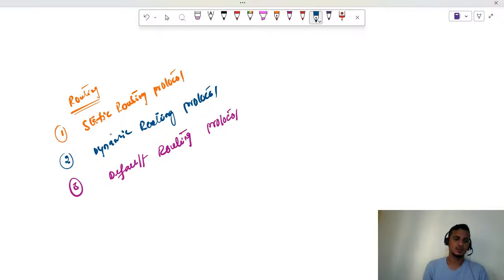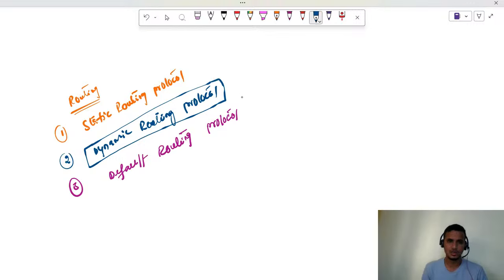However, see, the dynamic routing protocols are again classified into two types, right? The dynamic routing protocol is going to be classified into two types. One is IGP, right?